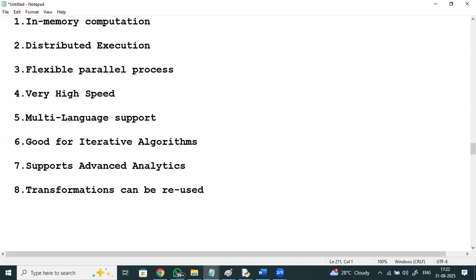So in-memory computation, distributed execution, flexible parallel process, very high speed, multi-language support, good for iterative algorithms, supports advanced analytics, transformations can be reused, right?